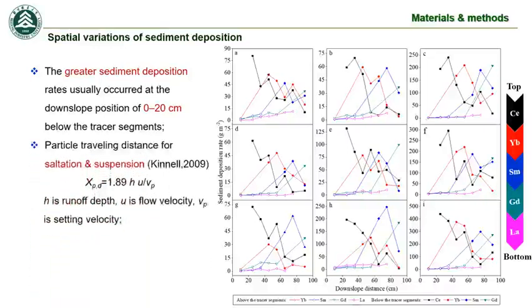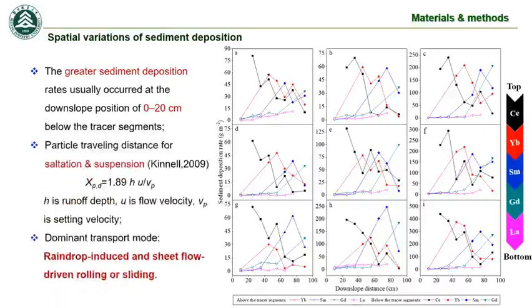It was also found that the sediment deposition rate along the eroding slope was seldom uniform and fluctuated sharply, implying that the soil particles detached by raindrops or raindrop impact sheet flow might be transported as bed load in waves by rolling or creeping.